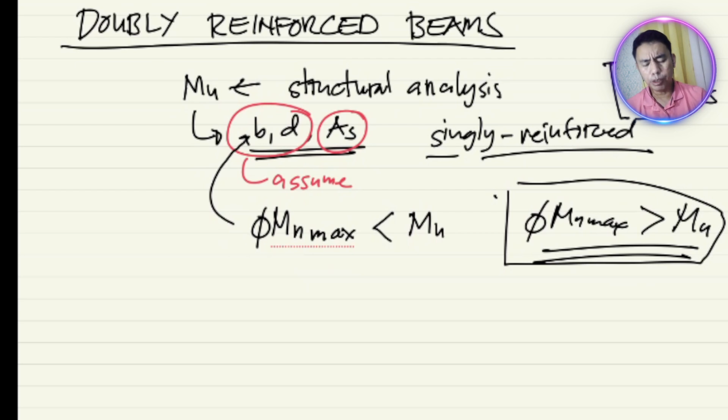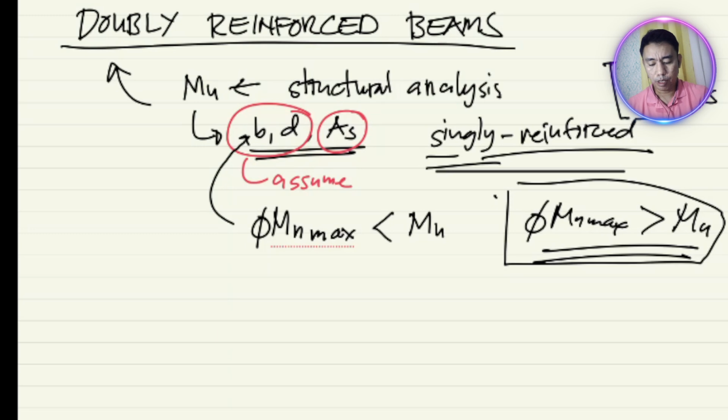But most of the time, the architect insists na no, we cannot adjust the section. Yun lang talaga ang bigay natin na maximum depth. Okay? So in that case, we cannot analyze or design a beam as singly reinforced. So that's the time we proceed to doubly reinforced.